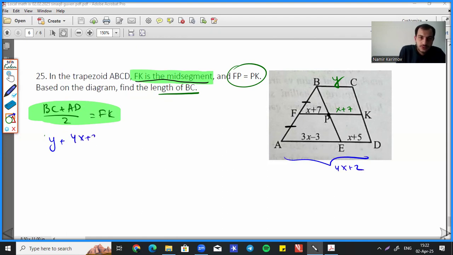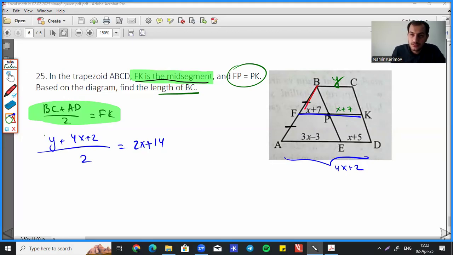Y plus 4x plus 2 over 2 is equal to FK. It's 2x plus 14. But as you see, we cannot find Y as a number. That will be in terms of X. That's why we should find the value of X.